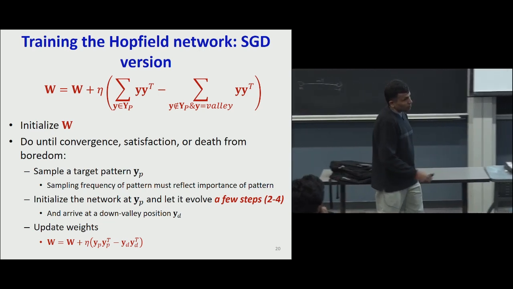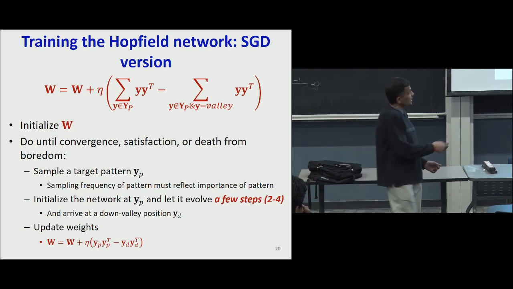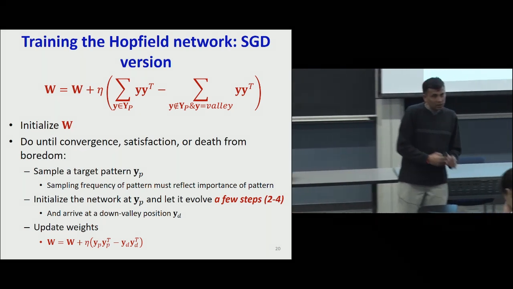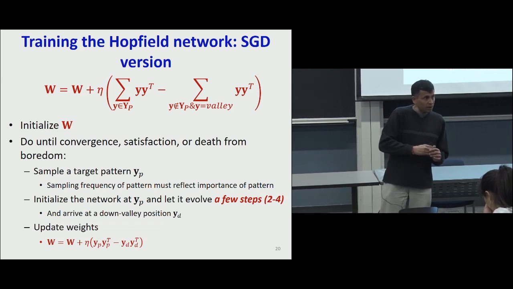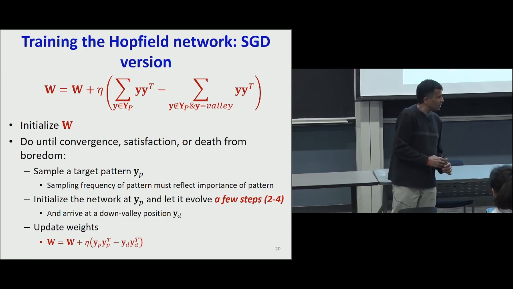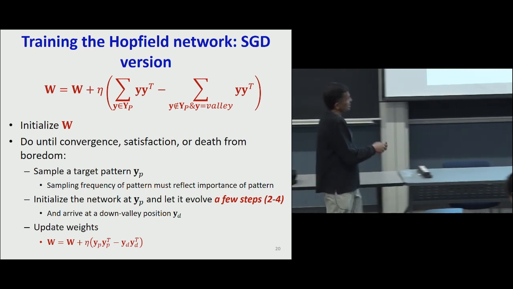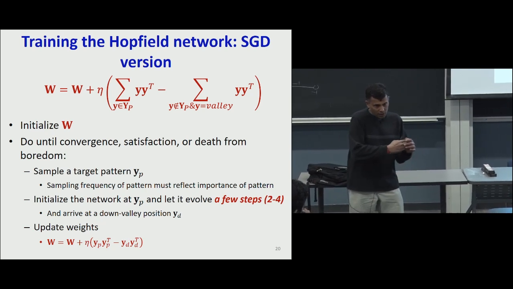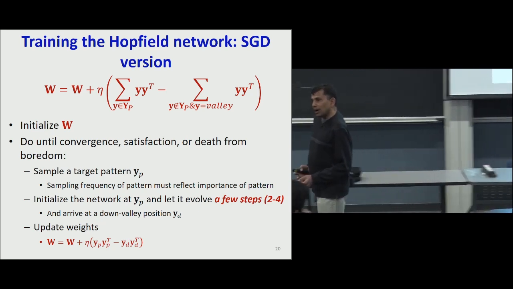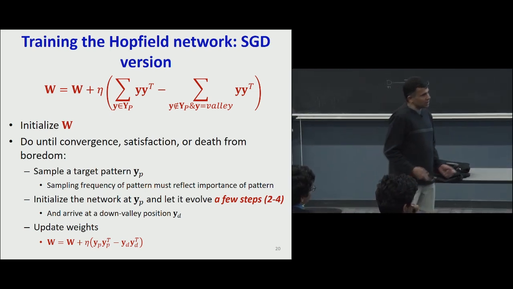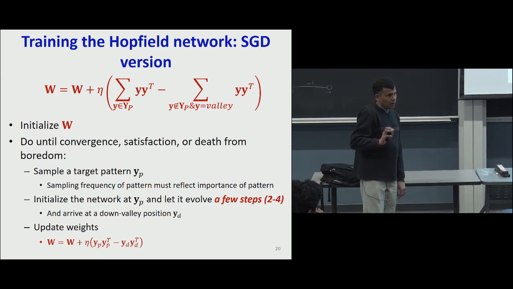The first is the outer product of the pattern that you've sampled, and the second is the outer product of the pattern that you arrive at when you start from the sample pattern and evolve for a few steps, right? You wouldn't actually have a summation if you're just using SGD. You go down a few steps, and that is the resulting update that you apply to the weights matrix. So this is your update, right? So far so good.